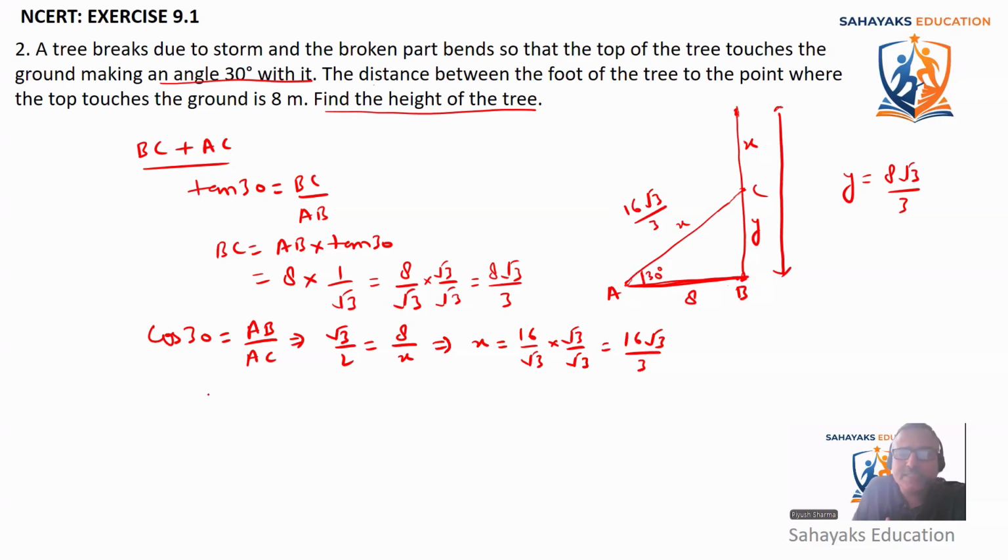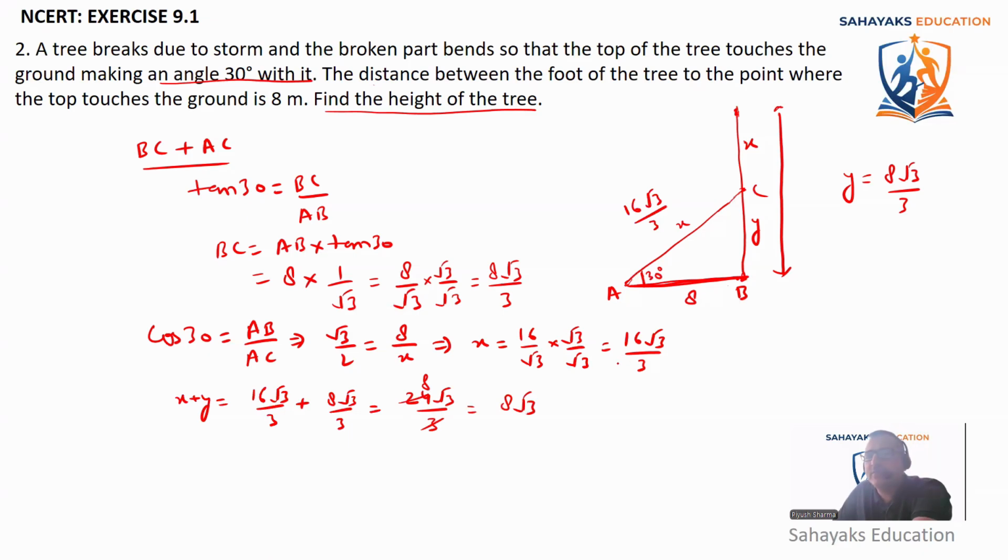Now the total distance, X plus Y, which is the total height of the tree, is 16 root 3 by 3 plus 8 root 3 by 3. So it will become 16 plus 8. This comes out to be 24 root 3 by 3. So we'll cancel it; 3 8s are 24. So it comes out to be 8 root 3.